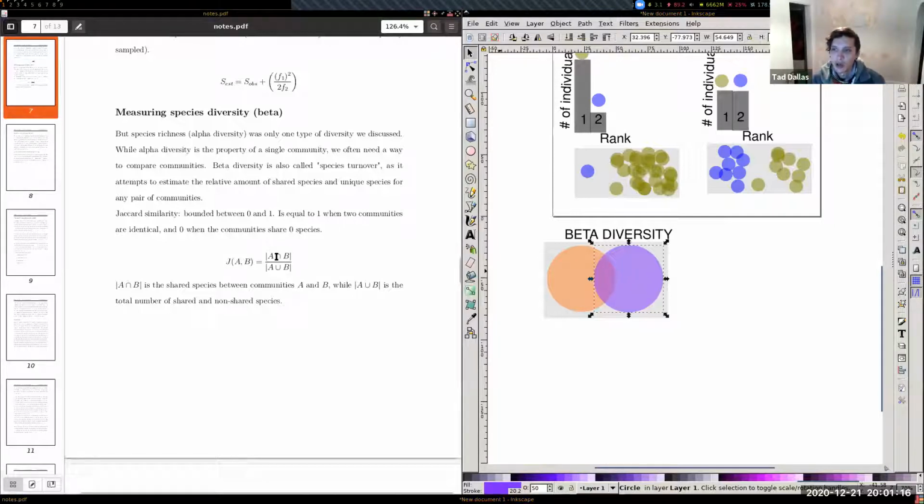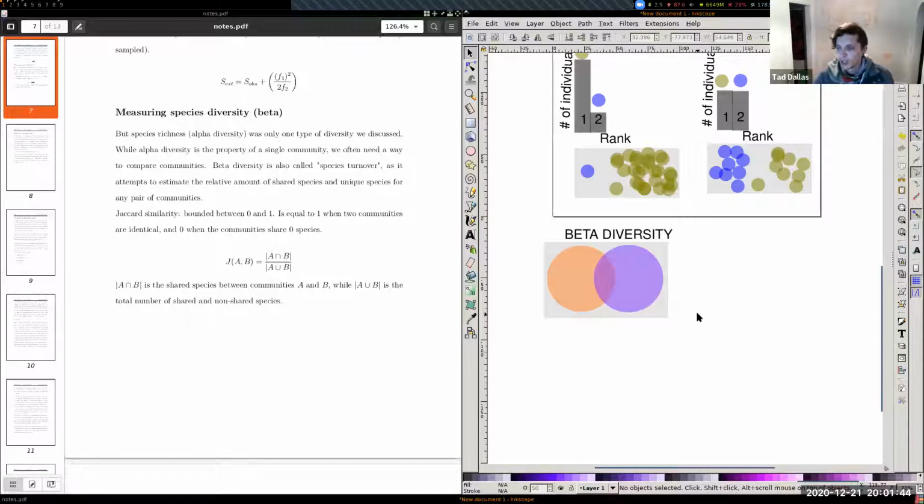And so what the Jaccard index is saying is that you take this shared portion in the center and you divide it by the total, the sum of A, B, and C. So A being only found in the orange community, B being the shared component, and C being those unique to the purple community.